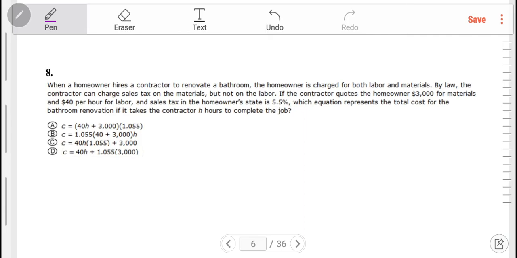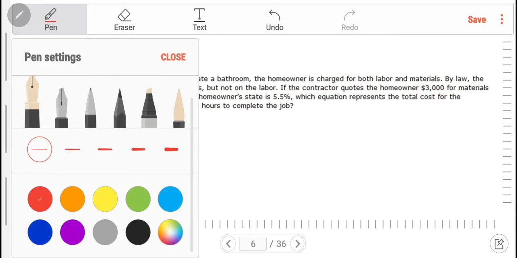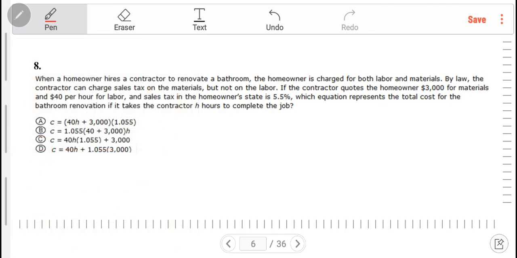Hurry up. The last one. When a homeowner hires a contractor to renovate a bathroom, the homeowner is charged for both labor and materials by law. The contractor can charge sales tax on the materials but not on the labor.